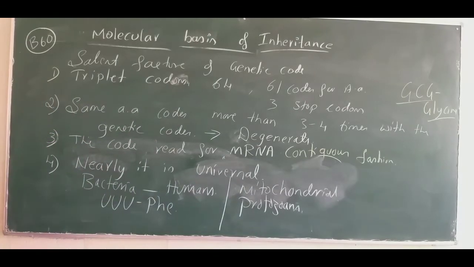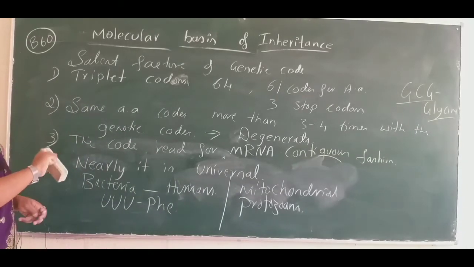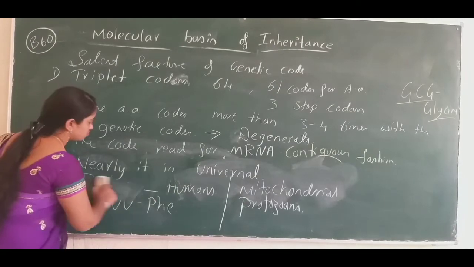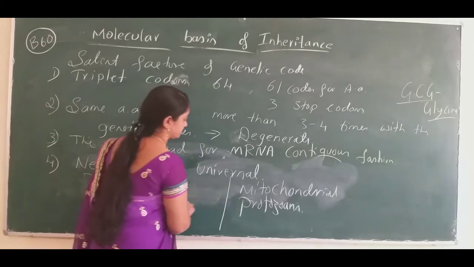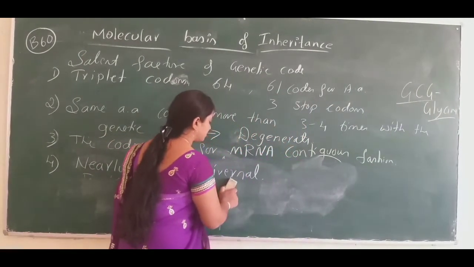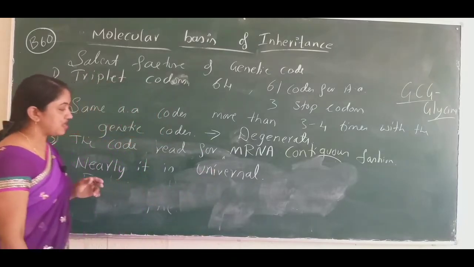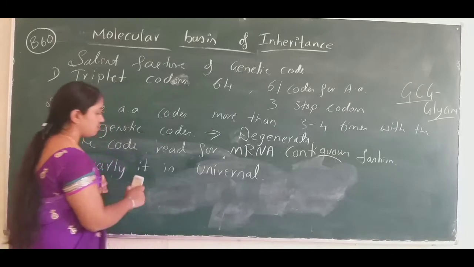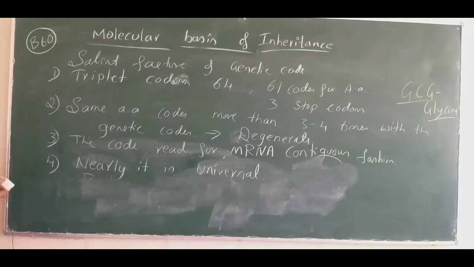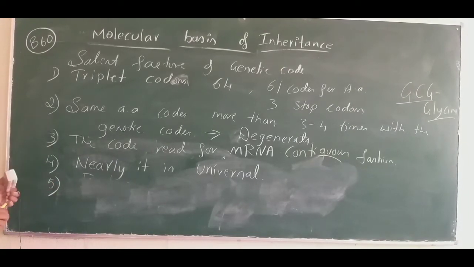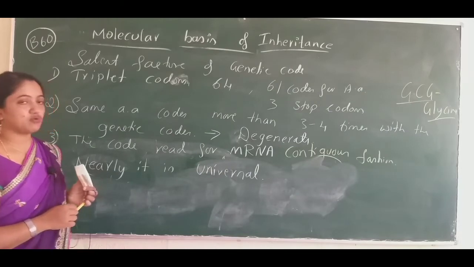So this genetic coding process is nearly universal. Only exceptions are in some mitochondria and in some protozoans, with a different genetic code for a different amino acid. And the fifth one is the next genetic code feature.